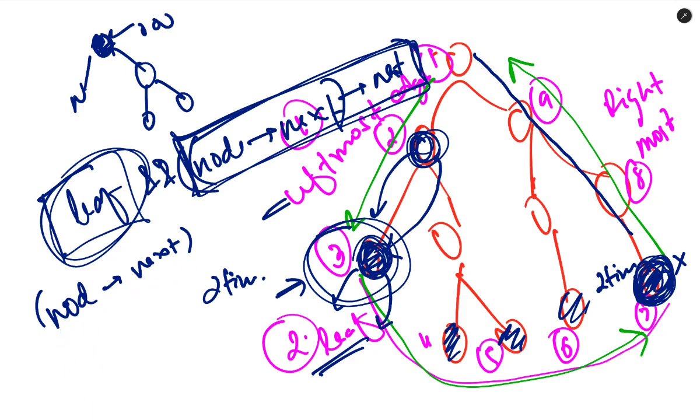If node's next is not null, and its next is also not null, which means the node which you are presently on is not a leaf node, and that is what we want.